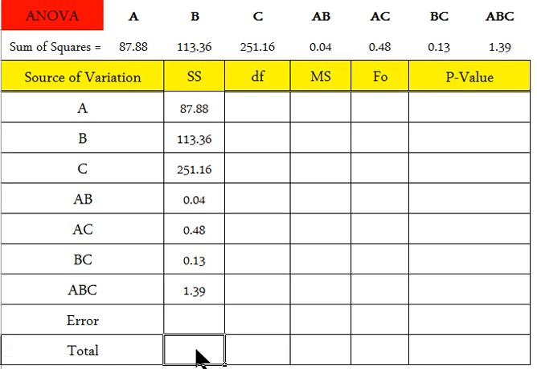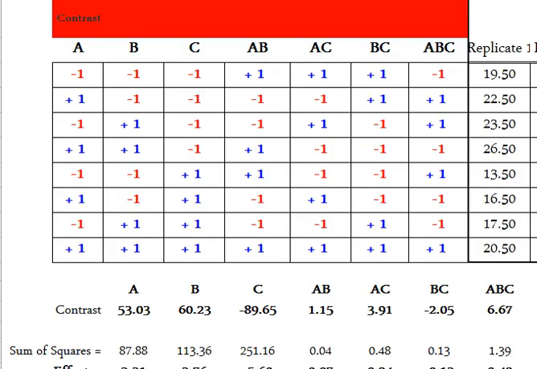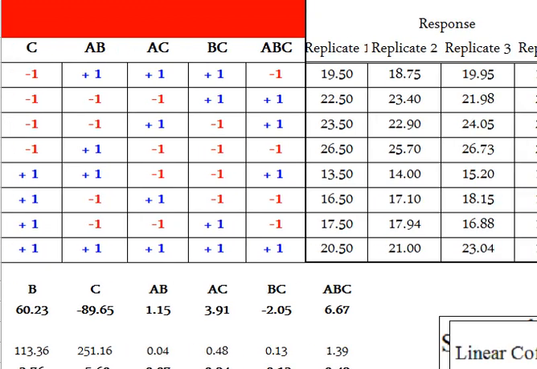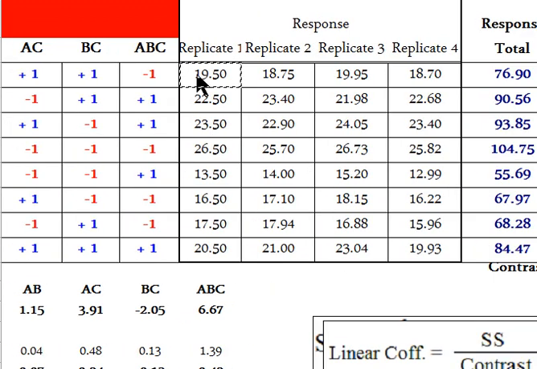Now, as far as the total sum of squares, this would be computed using the Excel function DEVSQ. If you open parentheses, you will have to go all the way back to the very first table, and you scan all the replicates.